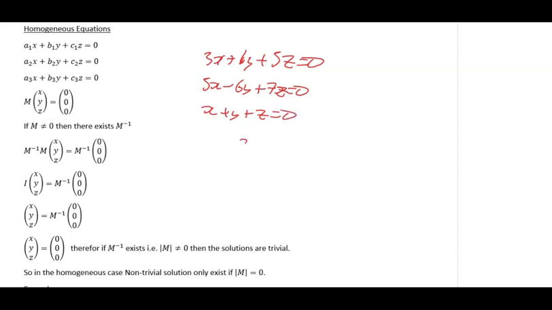One easy solution for that would be x equal to 0, y equal to 0, z equal to 0. But that is what's called a trivial solution for this system of equations.